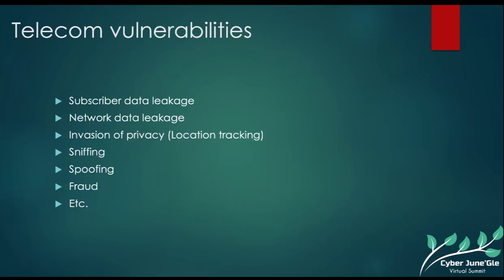The next one is sniffing, spoofing, and fraud, like transferring money using USSD operations, or making free or cheap calls. For example, you may make a call to another country while paying for it like an internal call, or a call to your current country.